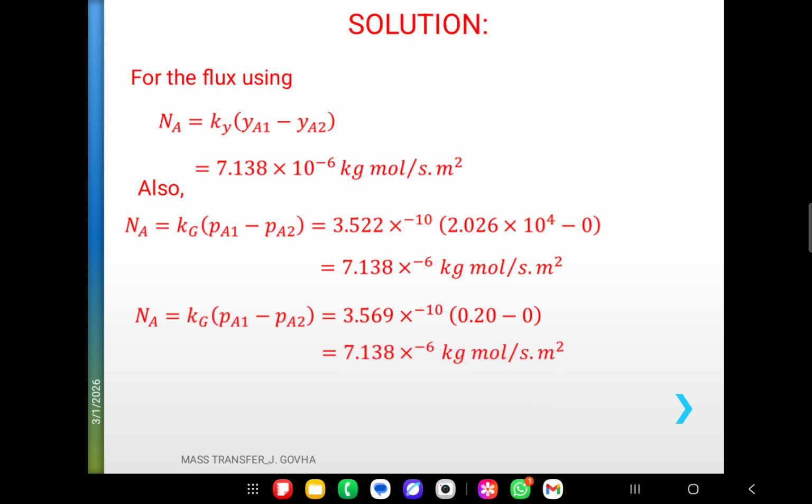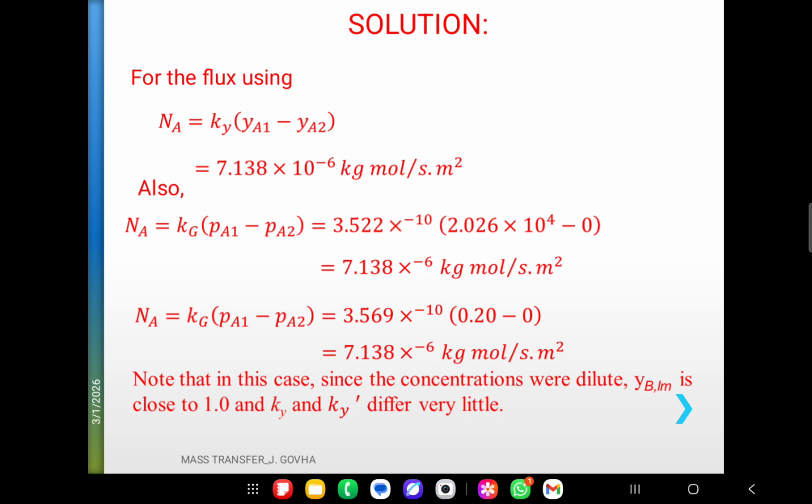It's still the same, even if we use different units. Note that in this case, since the concentrations were dilute, YB is close to 1 and Ky prime and Ky differ very little.